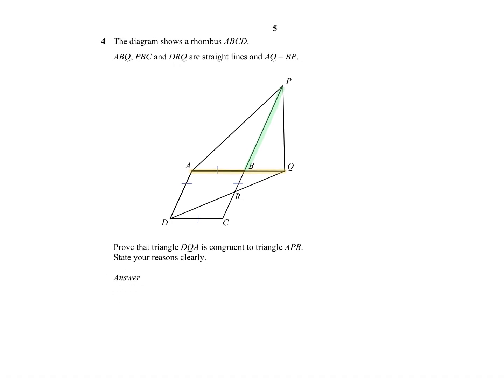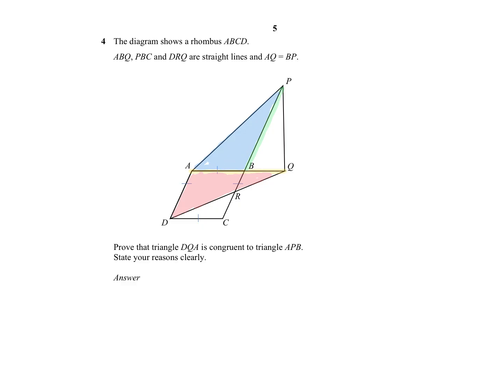So they say, can you prove that DAQ, let me highlight DAQ as a triangle. So this one. I want to prove that this triangle is congruent to APB. This one. So I need to decide which is the rule I can use.